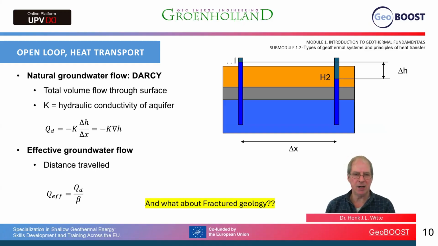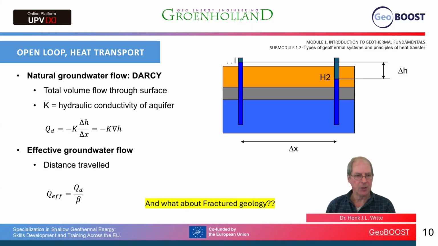You can see there that the water table is slightly above the surface of the ground, and H2 is well below the surface of the ground. So we have a difference in pressure height between H1 and H2, a difference delta H of water level. The distance between the two wells, delta X, then allows us to calculate the groundwater gradient.